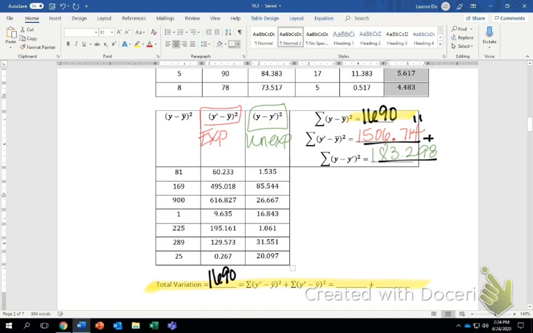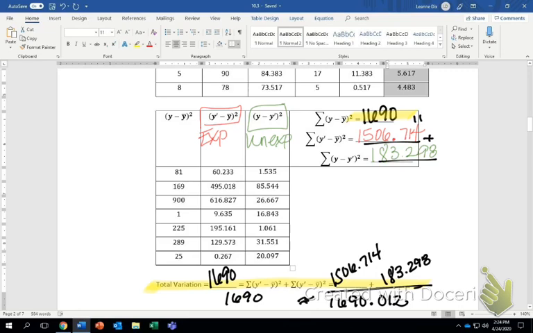All right, our explained is 1,506.714, and our unexplained is 183.298. Now, if I were to add these two values up, it's going to give me 1,690.012. So it's not exact, but it is very, very close, okay?